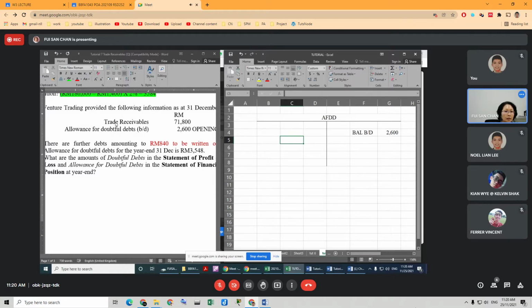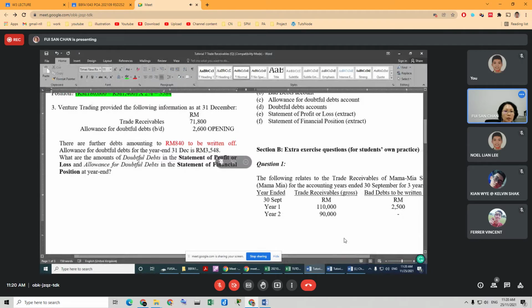If you look at this question, is there any information given, like how many percent, so that you're able to find AFDD? Normally the question gives you 2%, 3%, but this question has no information on how many percent the AFDD is. But the question tells us that at the end of the year, the AFDD is 3548.